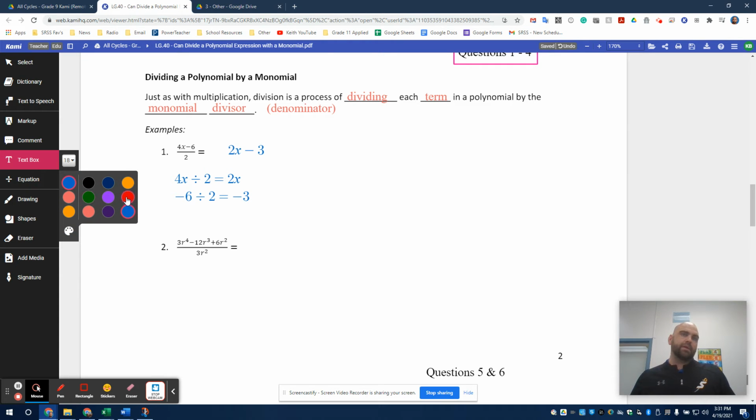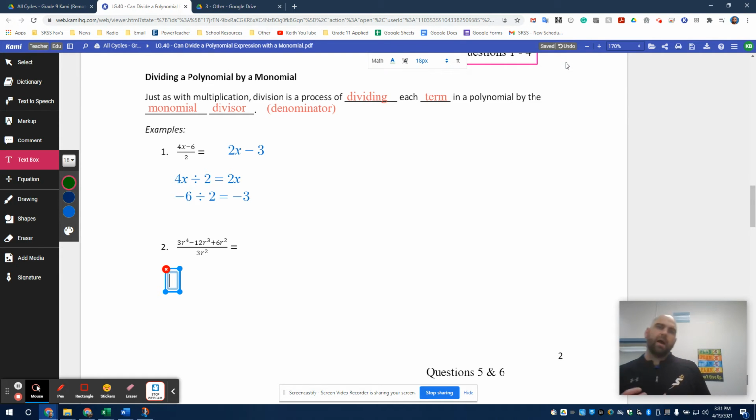Now, the second one is a little bit more complex. We now have three terms in our numerator, and each one of them is going to be divided by the term in our denominator.